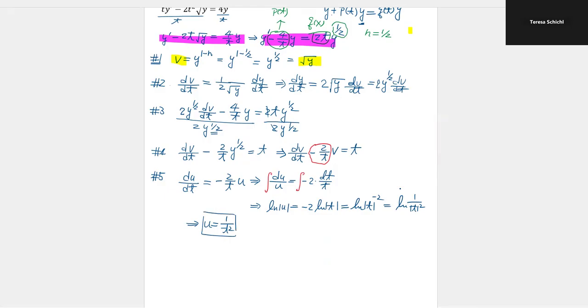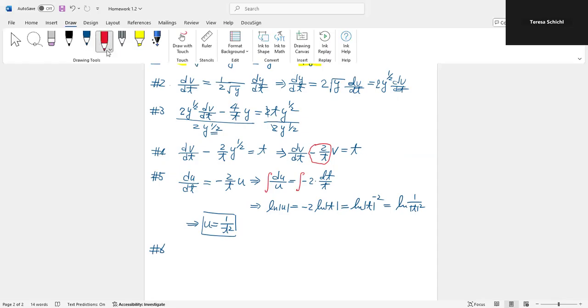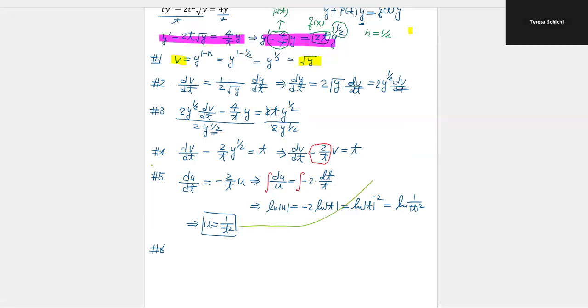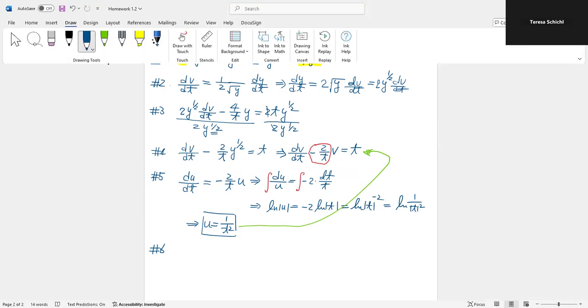Now what is step number 6? I need to multiply the integrating factor by the previous equation. So I will multiply by 1 over t squared, both sides, the right-hand side and the left-hand side.